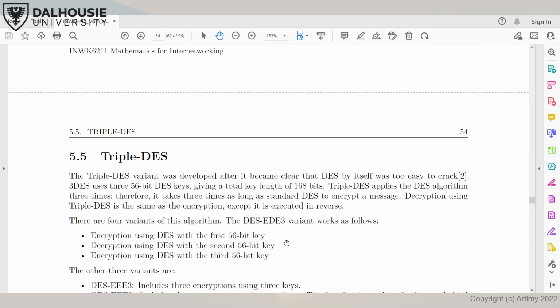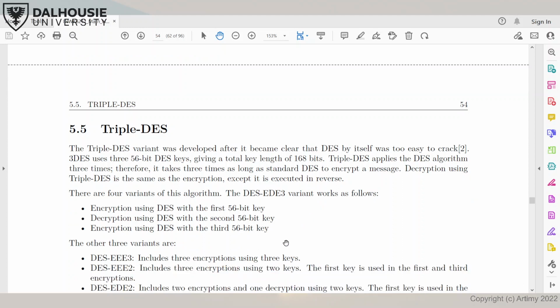Okay. So that is how DES works, without going into the actual mathematical details of how the S boxes are generated or how the subkeys are generated.